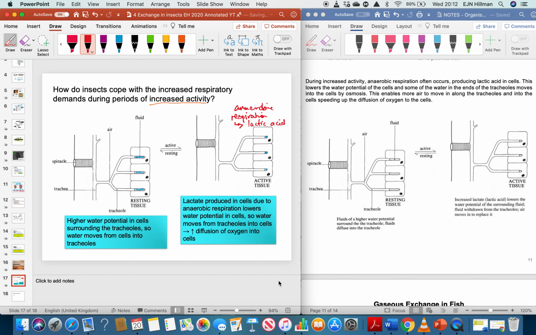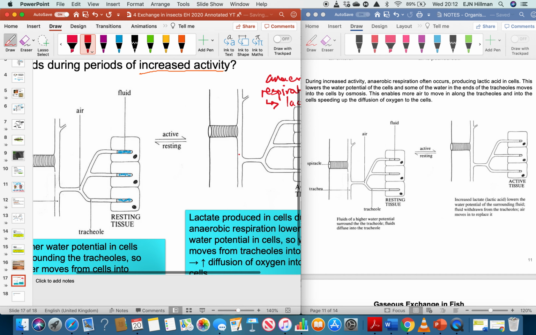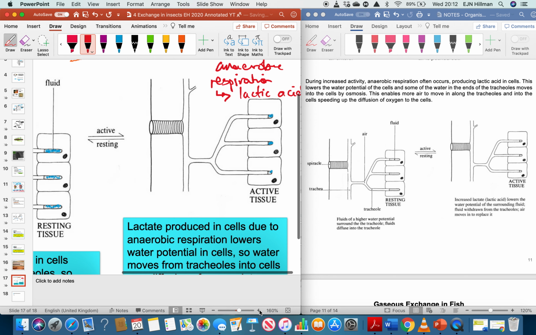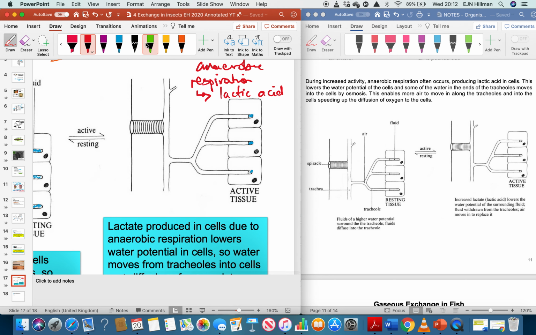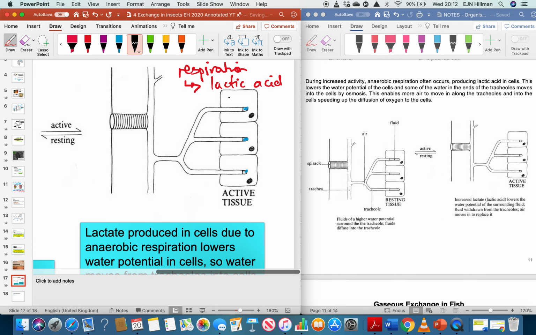Let's see if I can zoom in a little bit here. Let's have a look at one of those cells of the active tissue. Okay, so the lactic acid inside that cell accumulates.